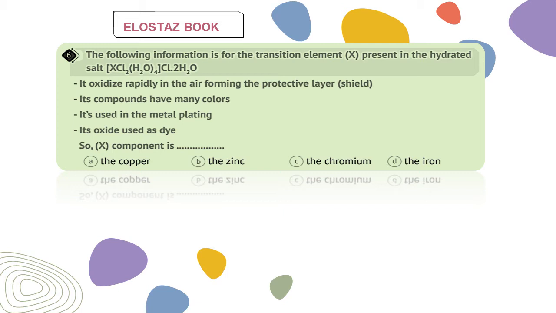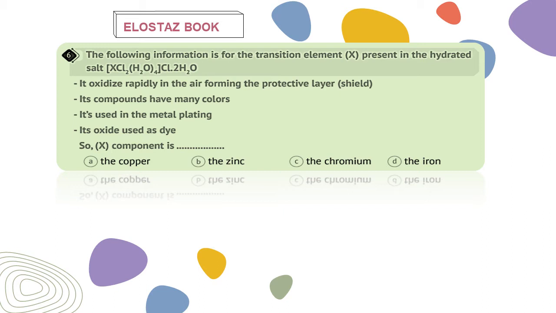Okay, this is a hydrated salt compound. What are the properties of the hydrated salt? It oxidizes rapidly in the air, forming a protective layer or shield that prevents further oxidation. Also, its compounds have many colors. It's used in metal plating, and its oxide is used as a dye.